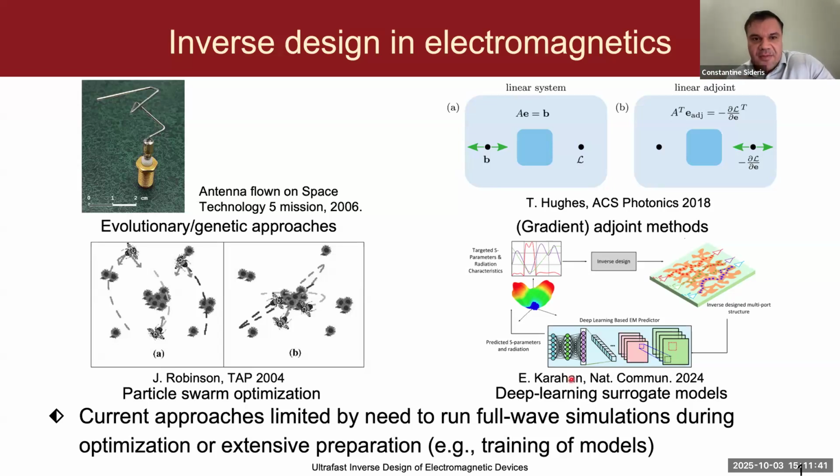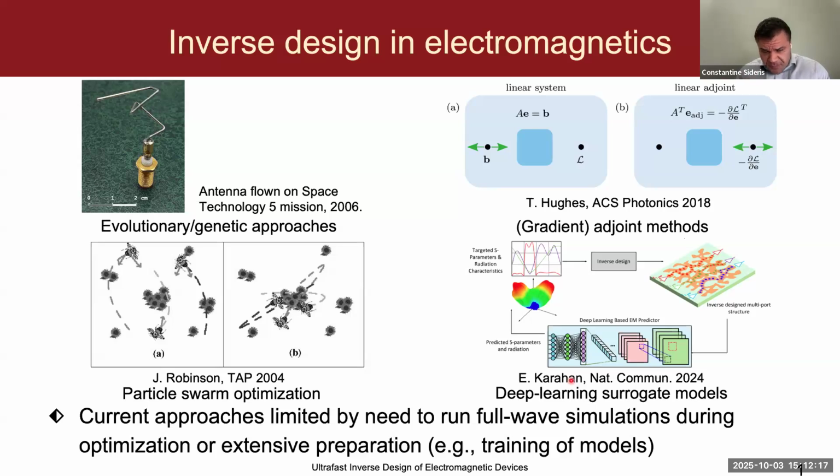Although these neural network-based surrogate models can significantly accelerate evaluating the objective function, they also suffer from a significant number of real drawbacks. One of them is that they require a very large amount of training data to generalize. And this also suffers from the curse of dimensionality. As the complexity of the problem scales, as the number of optimization parameters scales, the size of the training data set required for the model to generalize blows up.